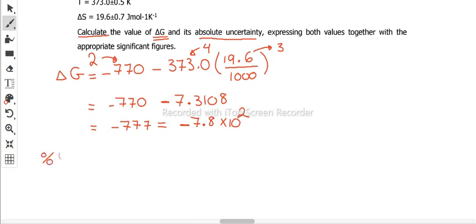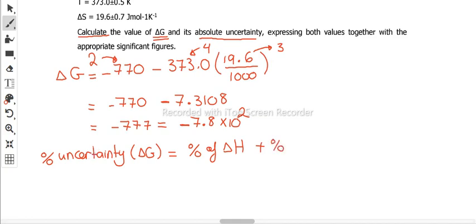So the percentage uncertainty of the delta Gibbs, I'm going to take the percentage of all the numbers and variables that I have. So it is the delta H uncertainty plus the percentage of delta entropy and the temperature.